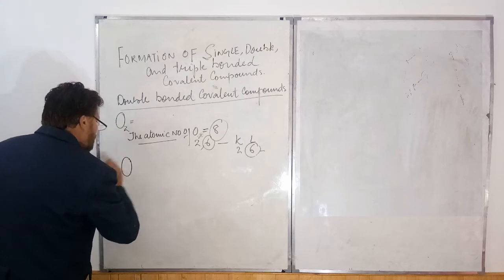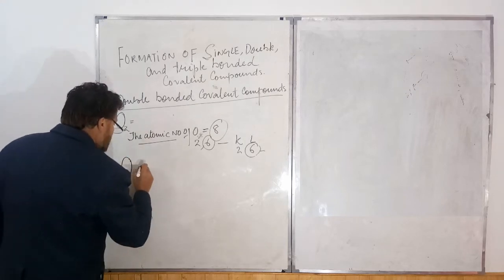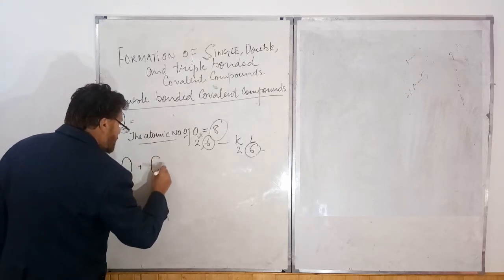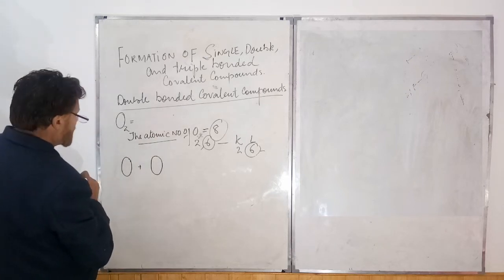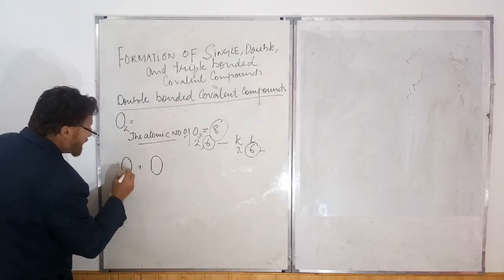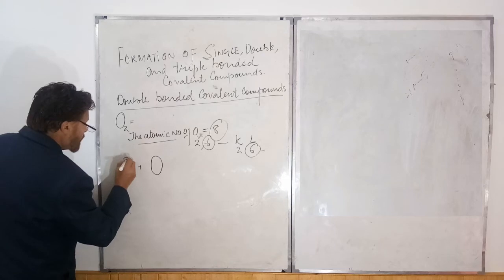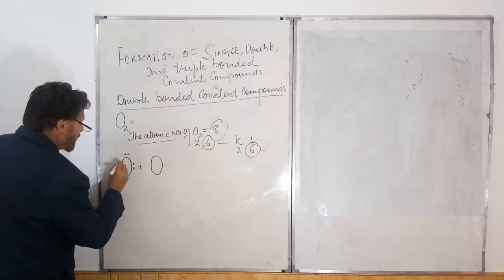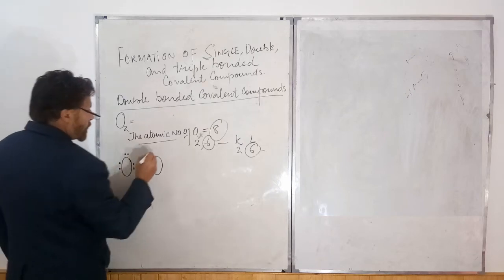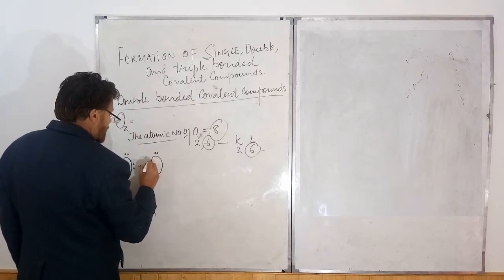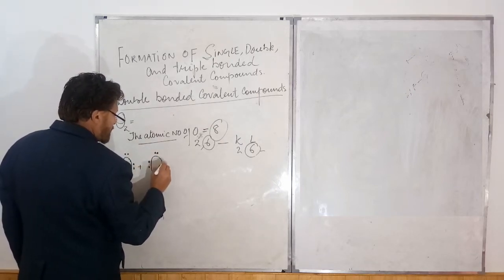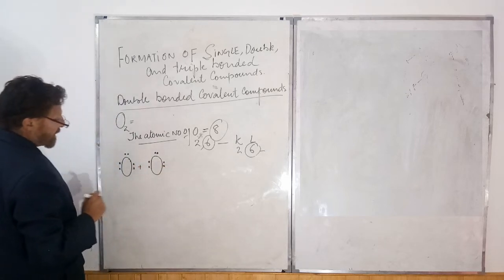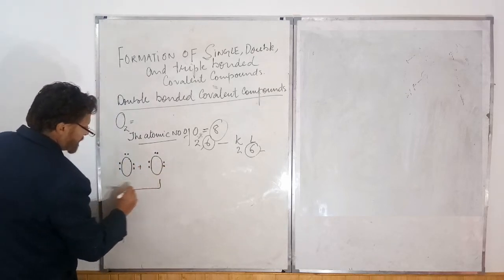Taking one atom of oxygen plus a second atom of oxygen, the outermost shell has 6 electrons: 1, 2, 3, 4, 5 and 6, and 1, 2, 3, 4, 5 and 6. Here we can say it is unstable.